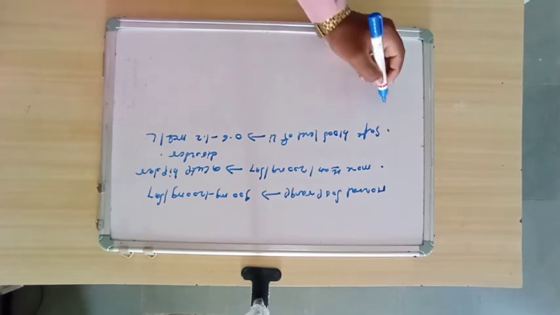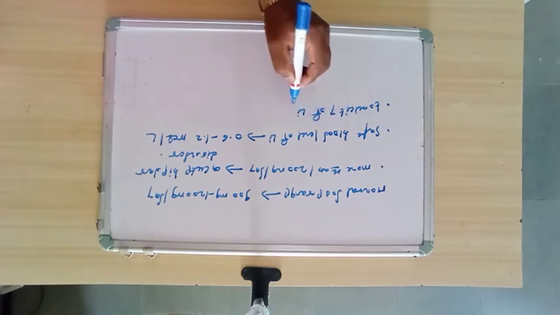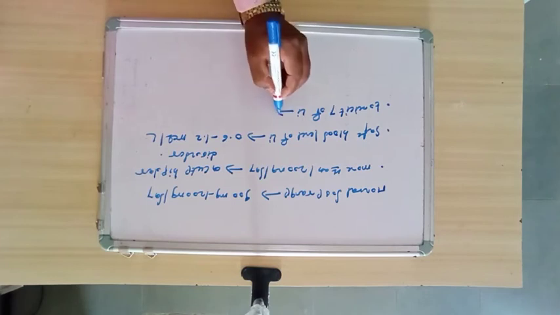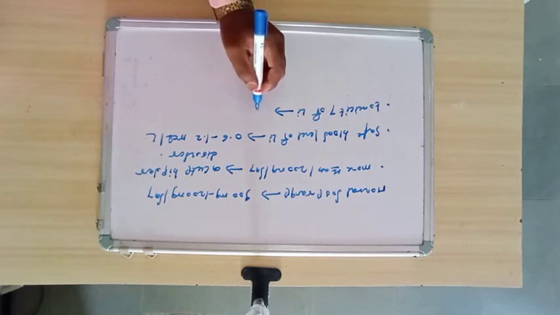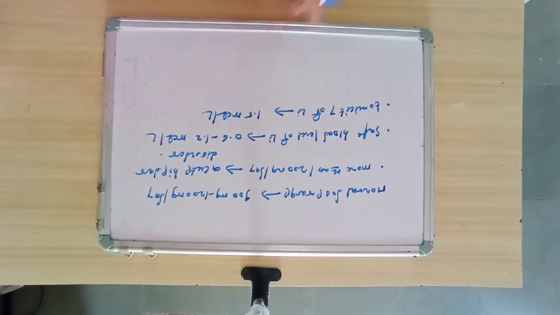The toxicity of lithium occurs when this level reaches 1.5 milli equivalent per liter. So you should remember the normal level of lithium in blood, that is 0.6 to 1.2 milli equivalent per liter, and the toxicity of lithium occurs when the level of lithium in blood reaches up to 1.5 milli equivalent per liter.